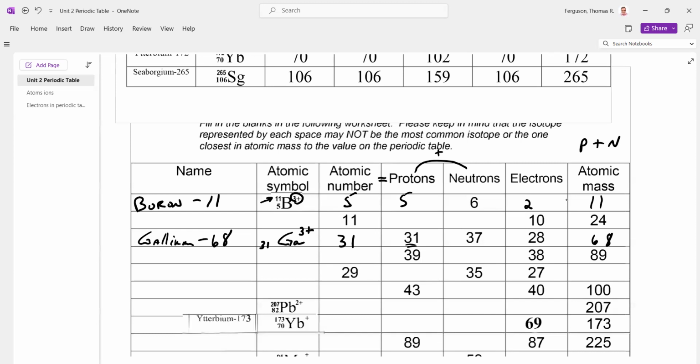Okay, so we have one more number left, and that's the isotope. So let's do one more, and then I want you to practice this.